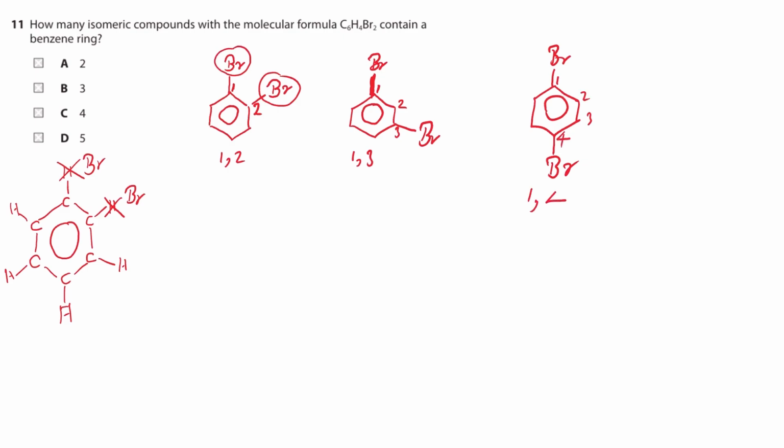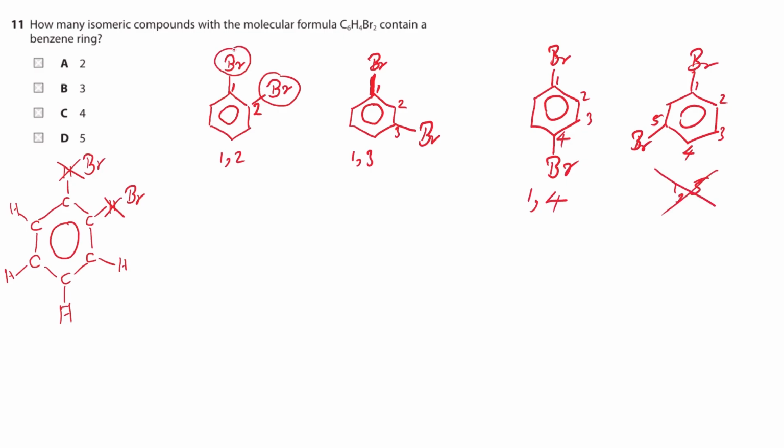1,4-dibromobenzene. Now you might be arguing, why can't we leave 3 carbon atoms? Let's take the bromine atom here, and we leave this one and this one, and we have the bromine atom here. So someone might argue it's 1, 2, 3, 4, 5, so you can say 1,5-dibromobenzene.